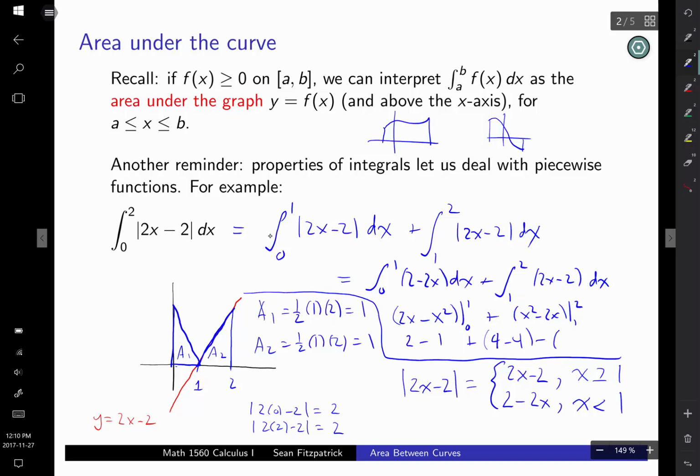Subtract, and when I put in the lower limits, I get 1 minus 2. So 2 minus 1 plus 4 minus 4, we do get 1 here, and we get another 1 there. We do get that 2 that we expect for the integral.